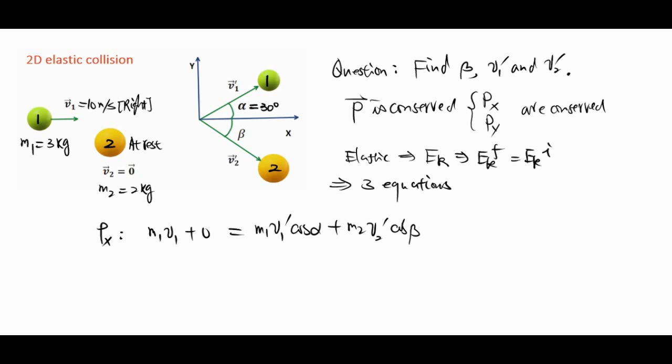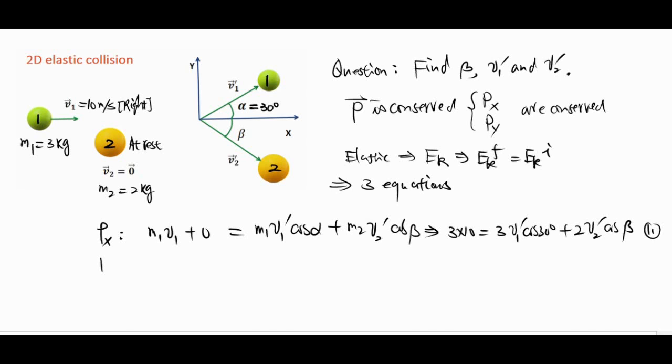So we can plug in the numbers and simplify. The left side is just 3 times 10, and the right side is 3 times V1 prime cos 30 degrees plus M2, which is 2, and V2 prime cos beta. So this is our equation 1.